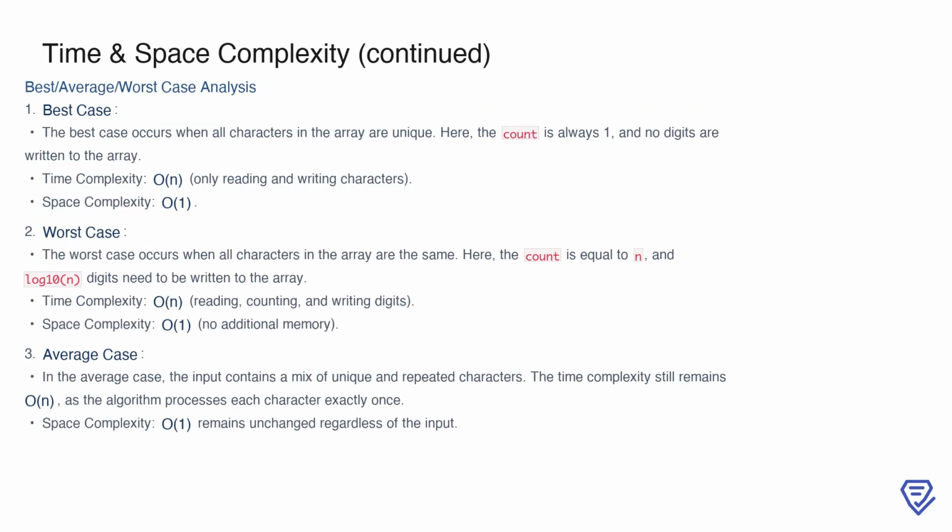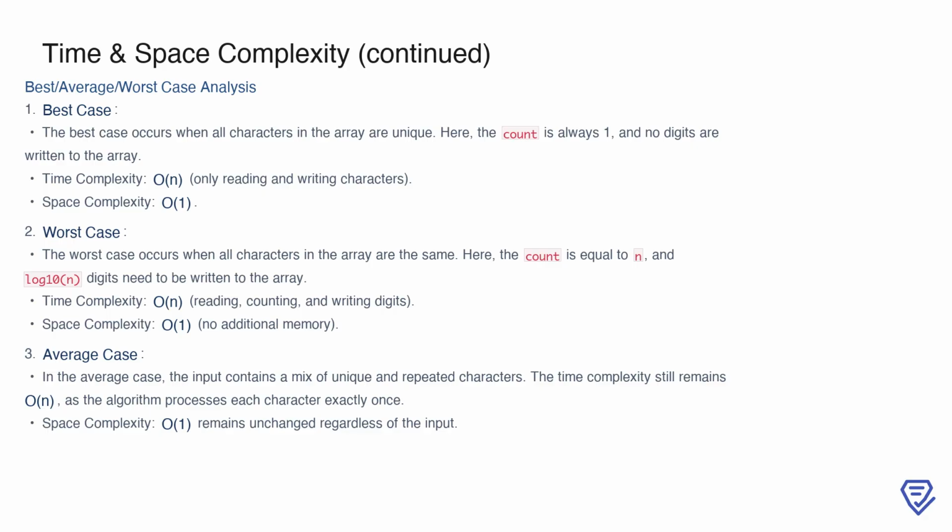Let's consider the time and space complexity in different scenarios. In the best case, all characters in the array are unique. Here, the count is always 1, so no digits need to be written to the array. This results in a time complexity of O(n) for reading and writing characters, and the space complexity remains O(1). In the worst case, all characters in the array are identical.